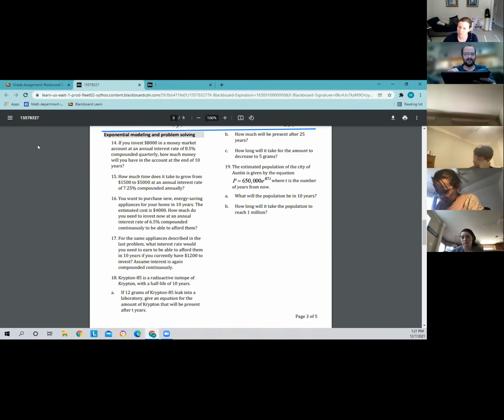Which formula am I using? Am I using the PERT formula or the other thing? The other thing. Yeah, compounded annually is the keyword, right? So if I say it's compounded annually, that means it's compounded how many times per year?